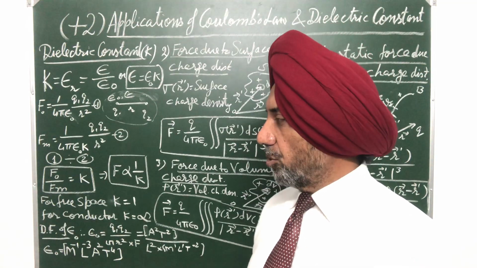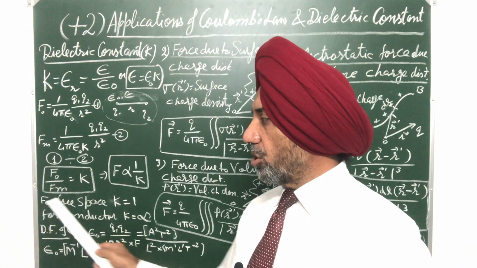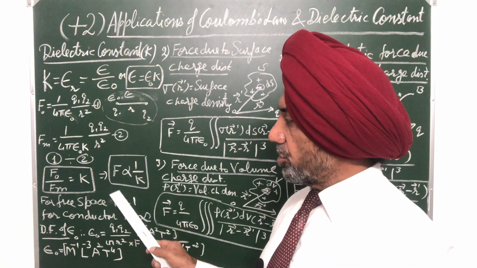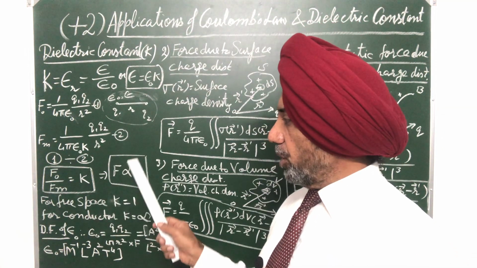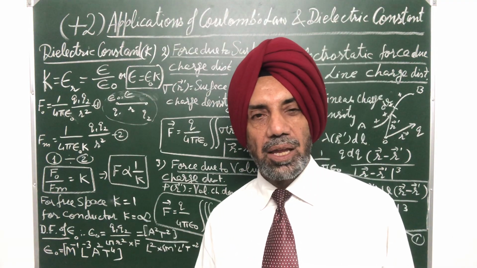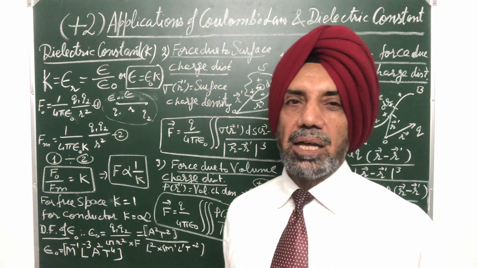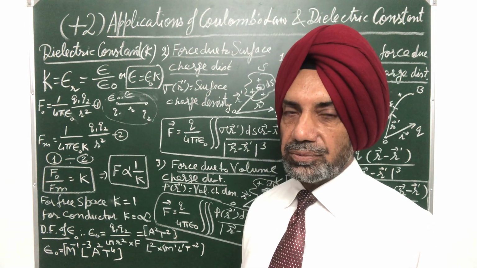So this is known as the dielectric constant of a medium. This means electrostatic force is inversely proportional to the dielectric constant. So the more the dielectric constant of the medium, the less the electrostatic force.